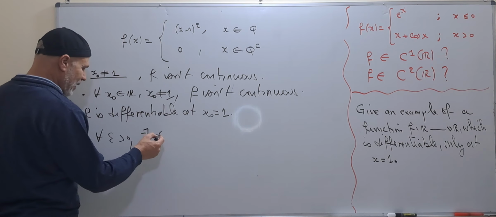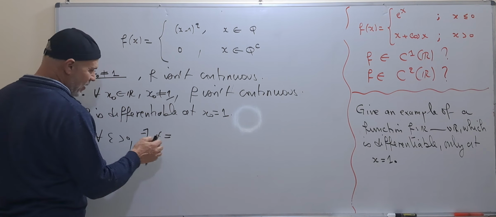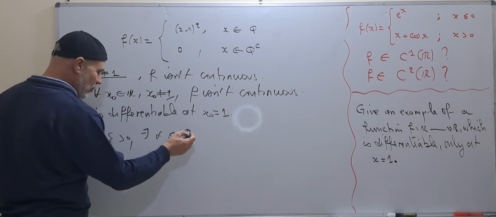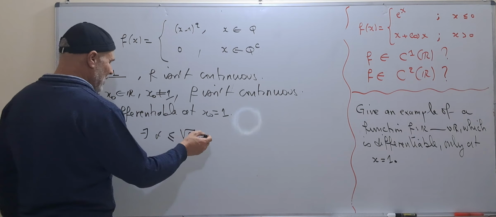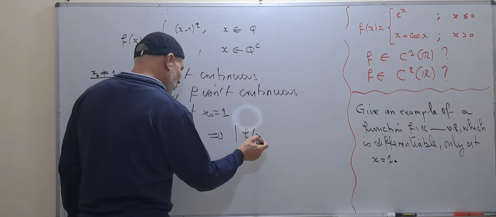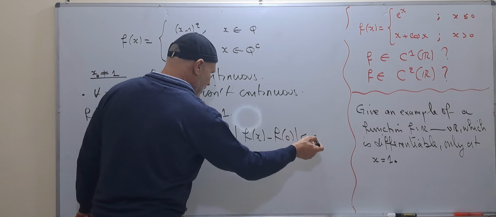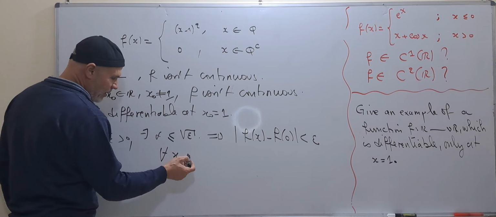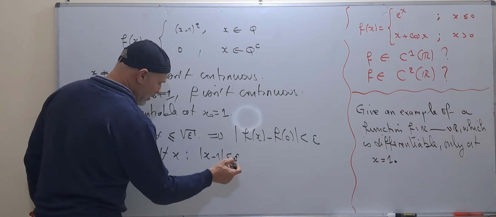there exists delta, this delta is less than or equal to the square root of epsilon, such that |f(x) - f(1)| is less than epsilon for all x such that |x - 1| is less than delta.